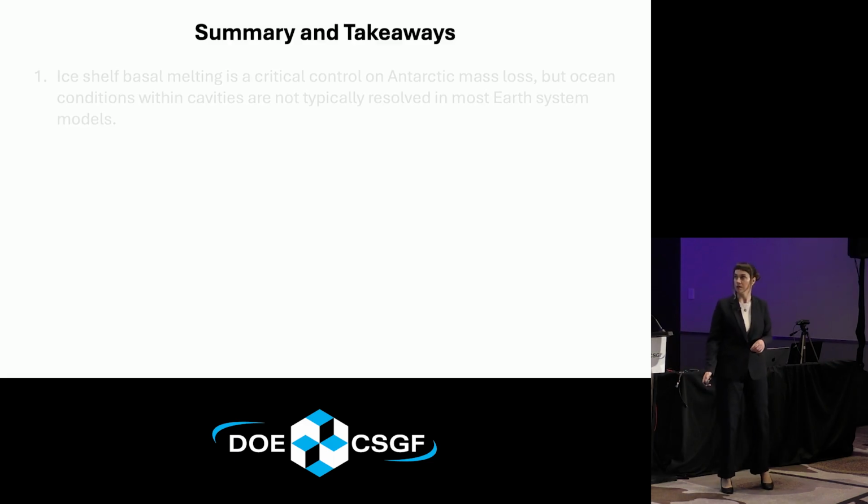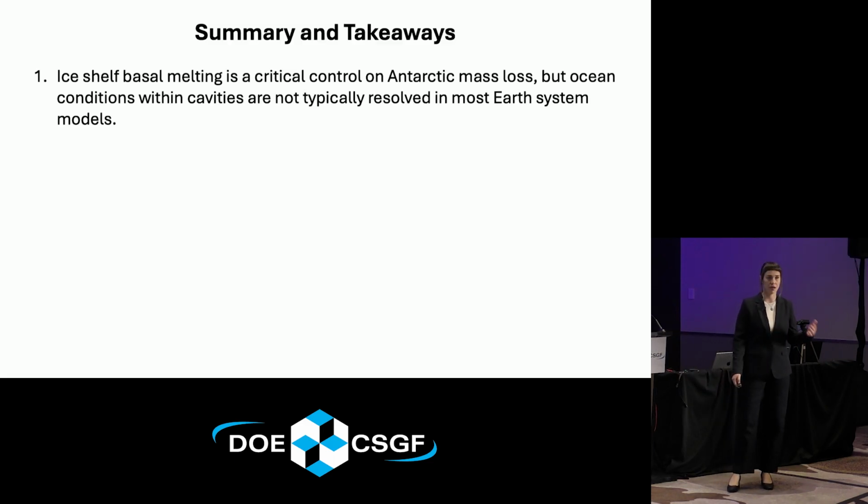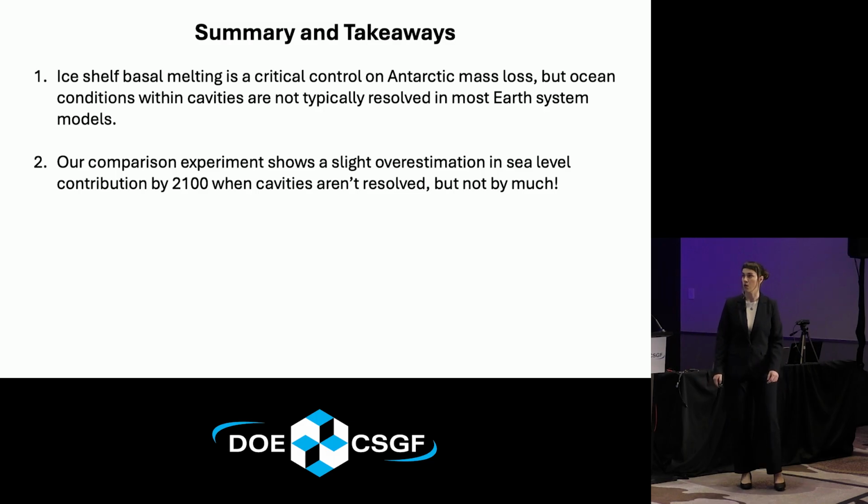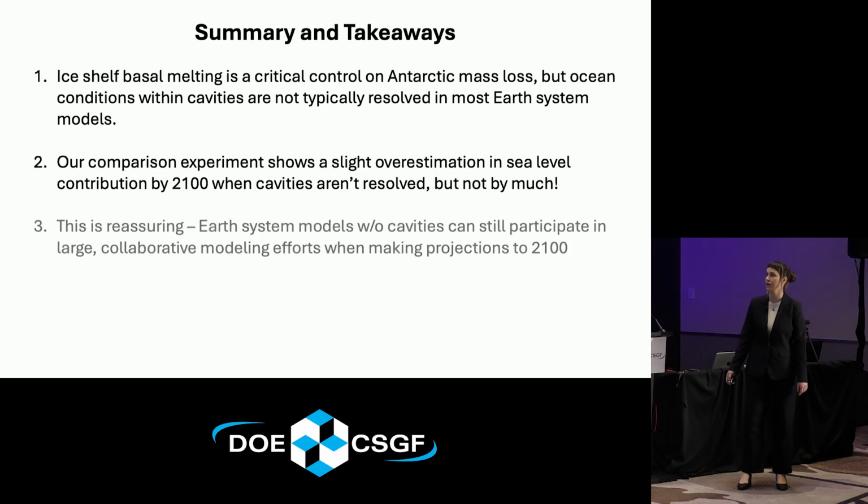Okay, so summary. Again, ice shelf basal melting is really important for the stability of these ice sheets. But most Earth system models don't include that mechanism. They don't include the circulation mechanism beneath these cavities. And so our comparison experiments show a slight overestimation, but not by much. So this is reassuring, right?